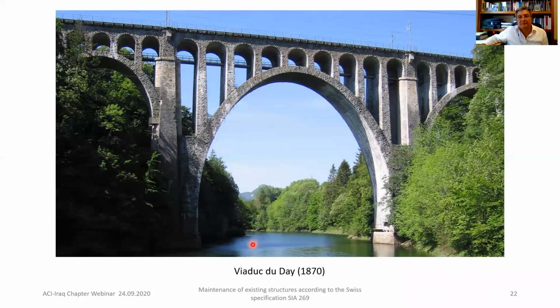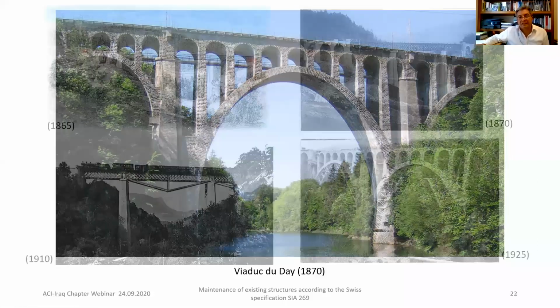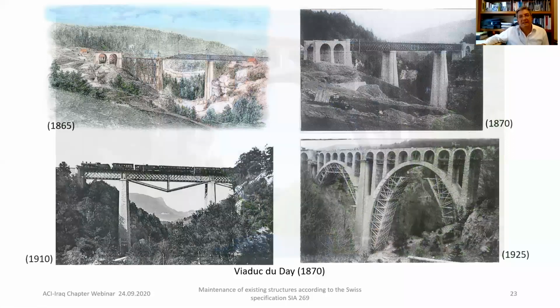It is this bridge. I will tell you why it's very interesting for me and maybe for you later. This bridge was constructed in 1870. The first construction was in 1865, and you can see these paintings of it. The bridge itself has been modified several times.